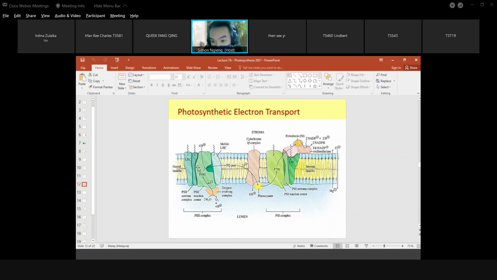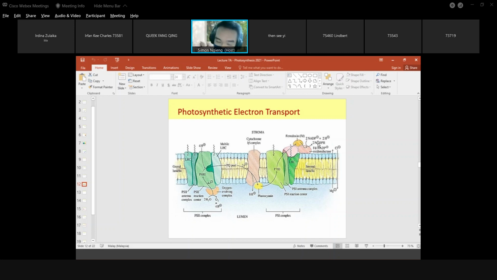But this part cannot keep on producing electrons forever, right? Someone needs to replenish the missing electron that is excited and released out. So who is going to be replenishing that? Your water is going to be the one. Water donates the electron here so that the electrons can be transferred along the way.